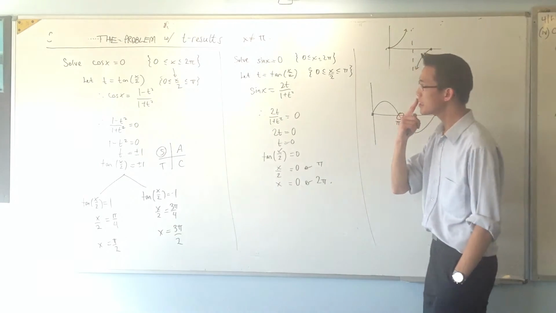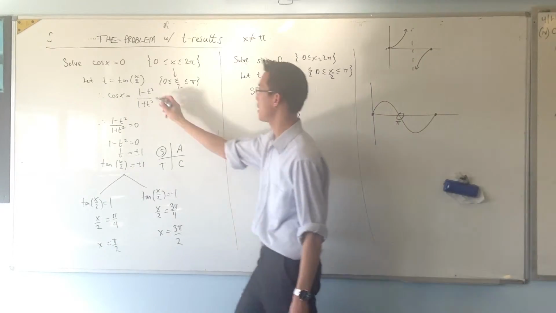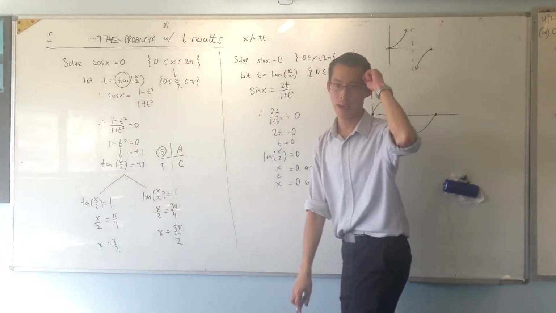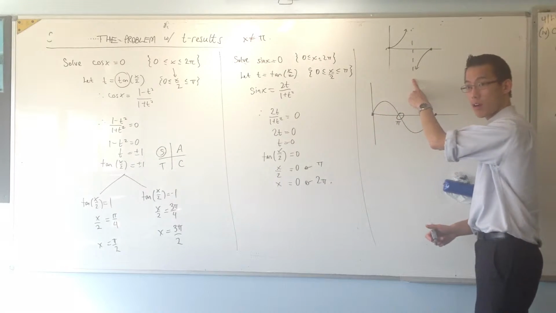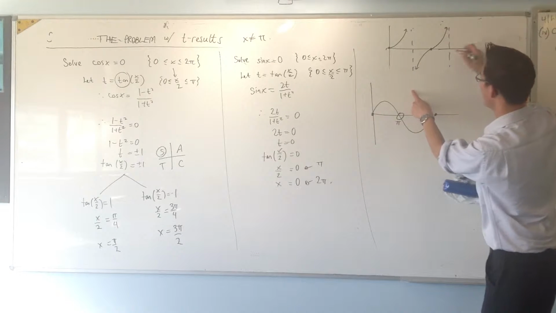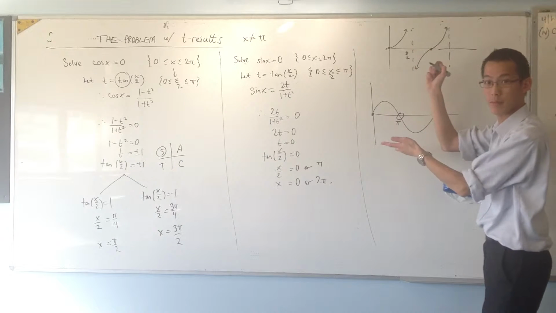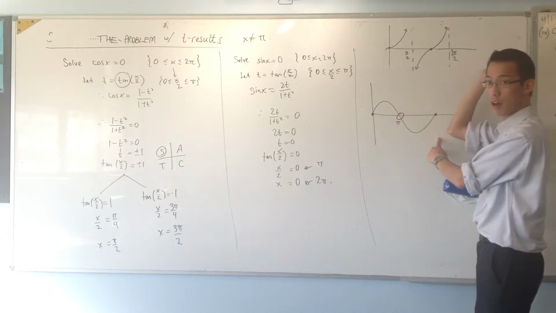Why not? Because this whole way of solving things depends on tan. Okay? Tan of x on 2. But tan, as you can see by this drawing, has some problems. Tan doesn't exist at pi on 2. There's an asymptote there. It doesn't exist at 3 pi on 2. It doesn't exist at 5 pi on 2, and so on and so on.